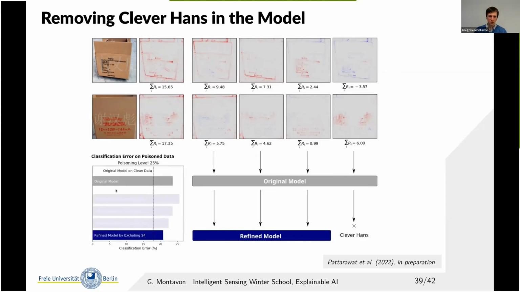If we do that and look at Poisson data, which has the watermark not only on the cartoon but everywhere, or at least with 25% chance, then the error will to some extent decrease, and you achieve a refinement of your original model.